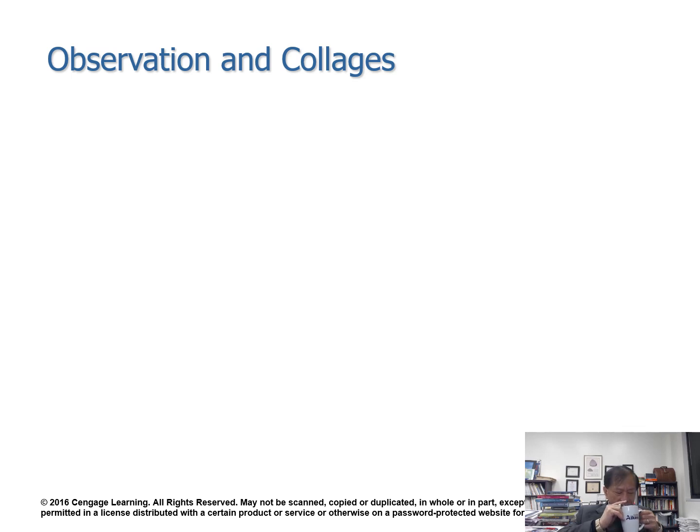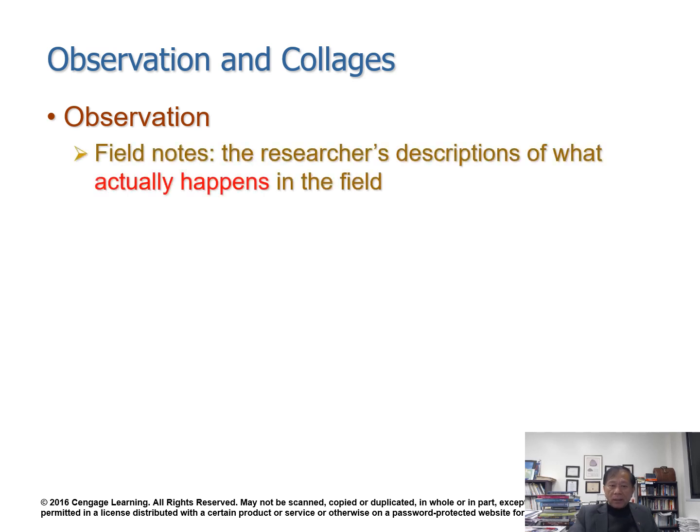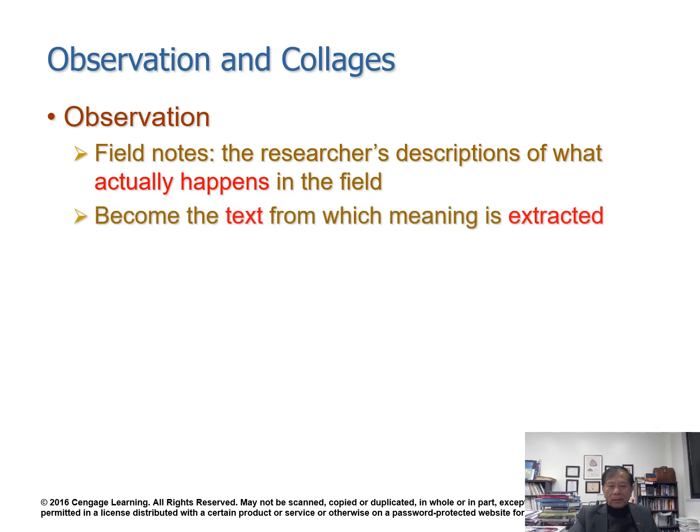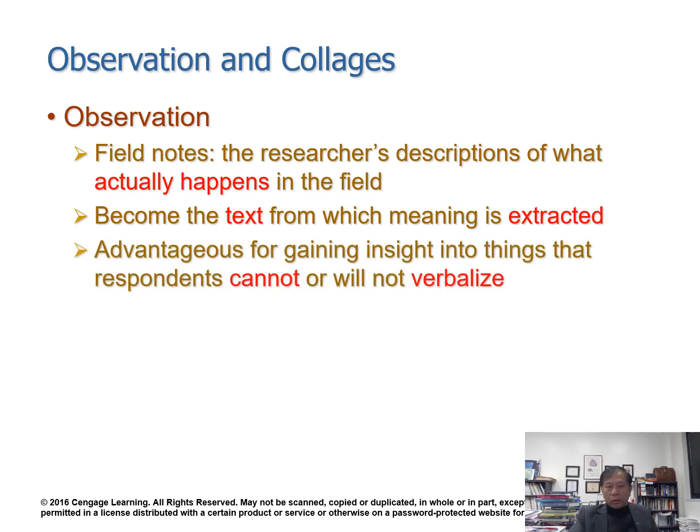Observation and collages. Observation is a field note, the researcher's description of what actually happens in the field. It becomes a text from which meaning is extracted. You can use software or use your own brain.